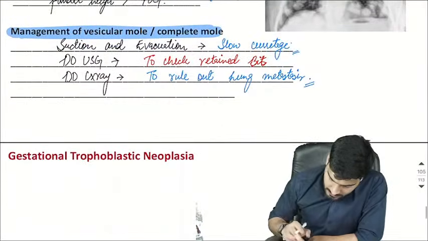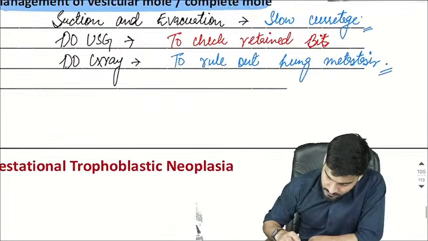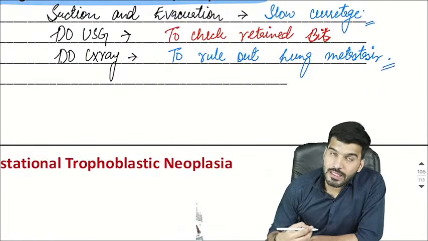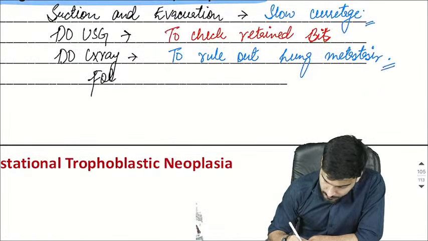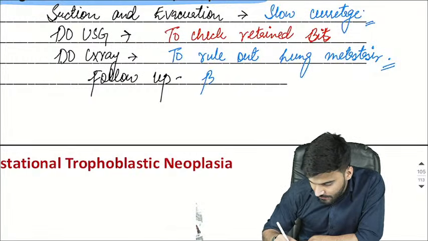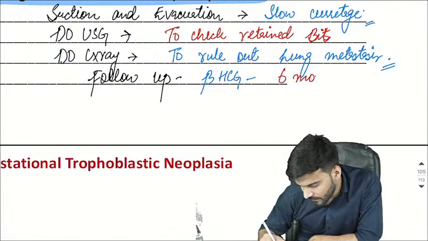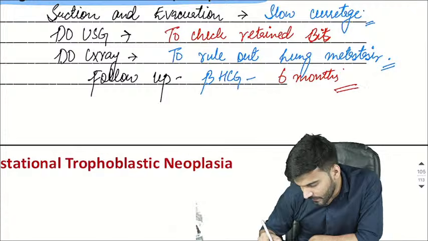Now next to that, sir, for patients who have this complete mole, we continuously follow up beta HCG levels. For how long will you follow up? For 6 months.